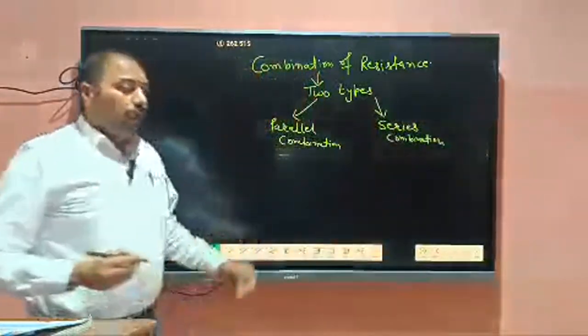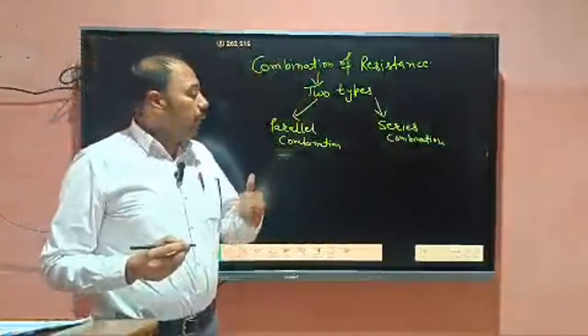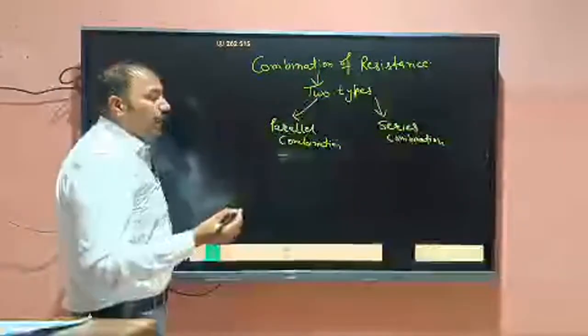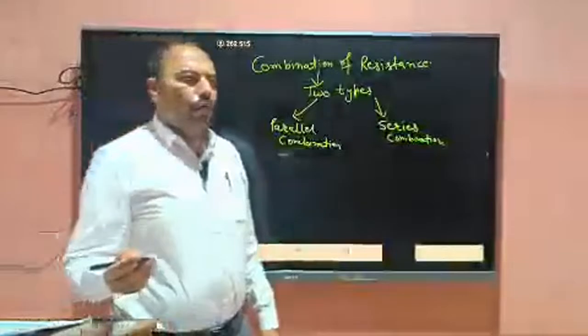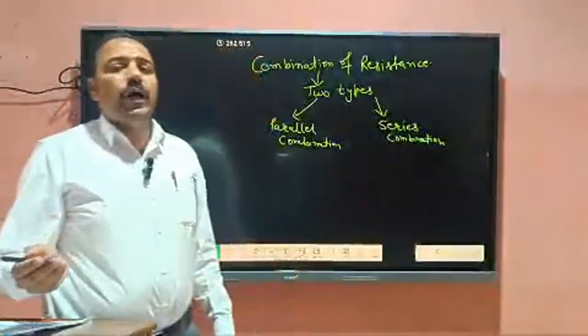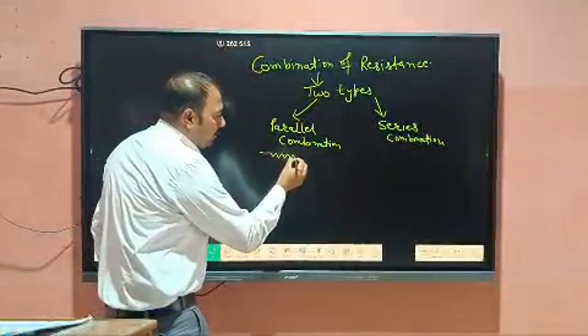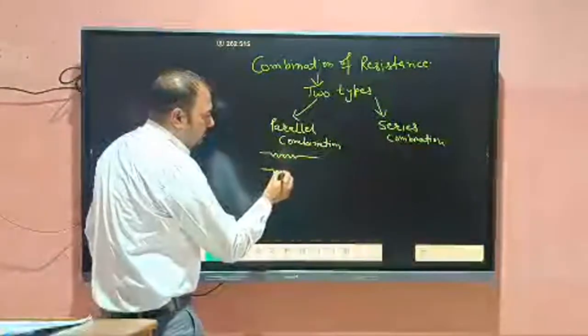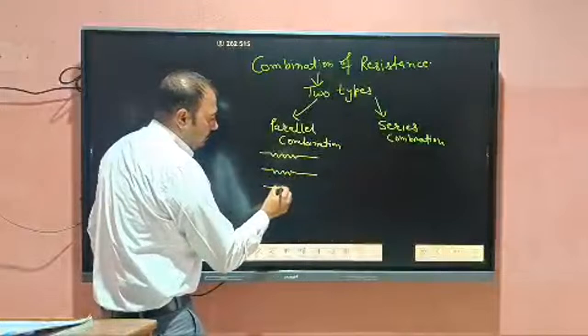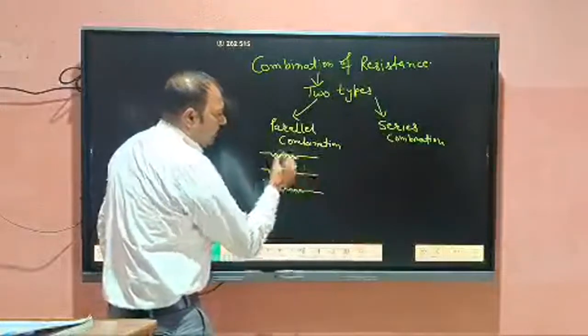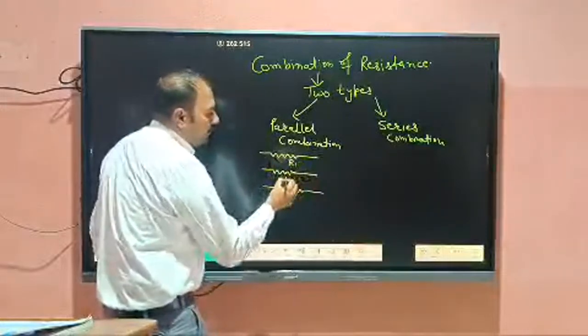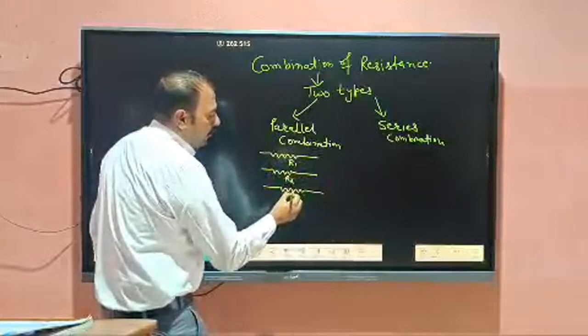So how are resistors connected in parallel? For example, we take three resistors. So we assign the names R1, R2 and R3.